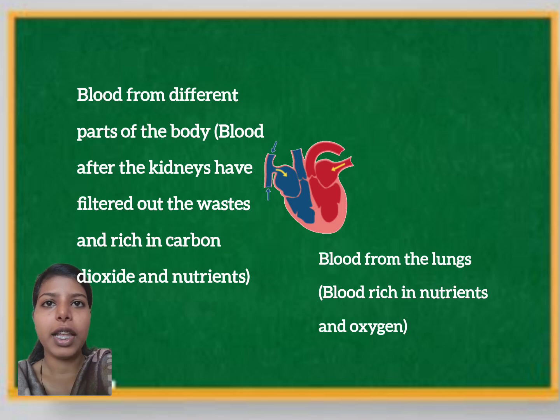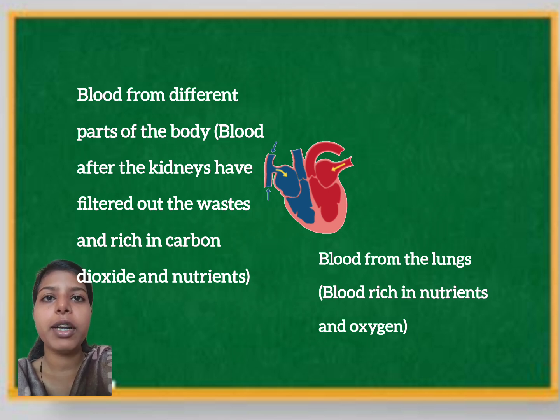In this video you can see that the deoxygenated blood from different parts of the body is carried into the right atrium, and from the right atrium this deoxygenated blood passes into the pulmonary artery. From there it passes into the lungs, and from the lungs the oxygenated blood passes into the left atrium. From the left atrium it passes into the aorta.